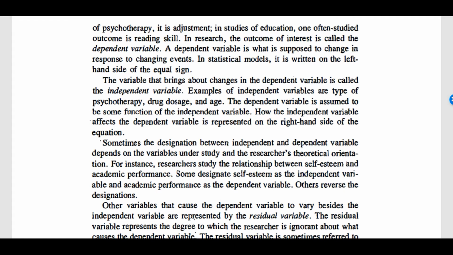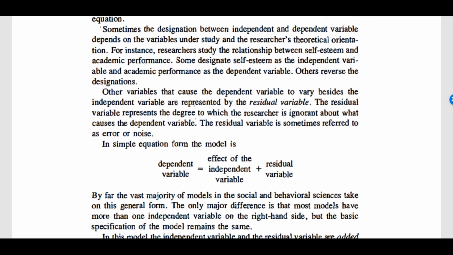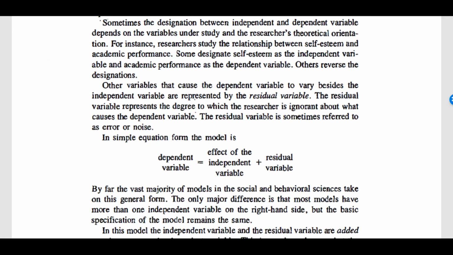Sometimes the designation between independent and dependent variable depends on the variables under study and the researcher's theoretical orientation. For instance, researchers study the relationship between self-esteem and academic performance. Some designate self-esteem as the independent variable and academic performance as the dependent variable. Others might reverse those designations.